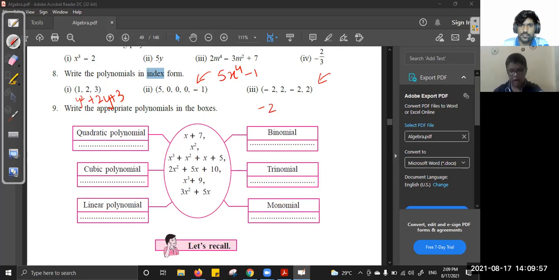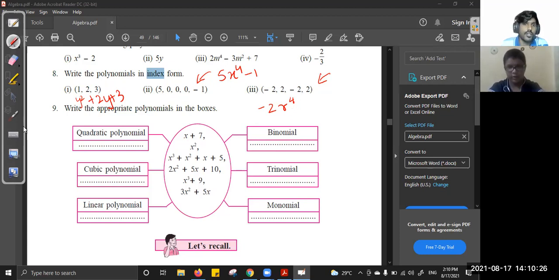Minus 2r raised to 3 plus 2r cube. It should be raised to 4 because how many are there? See, 1, 2, 3, 4. There are 4, so it has to be r raised to 4. Minus 2 would become cube, 2 would become square, minus 2 would become 1, and 2 would remain 0.